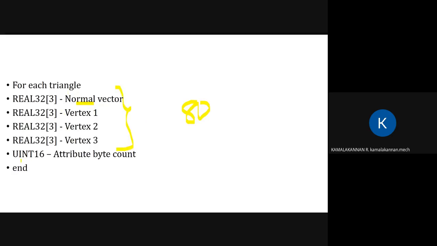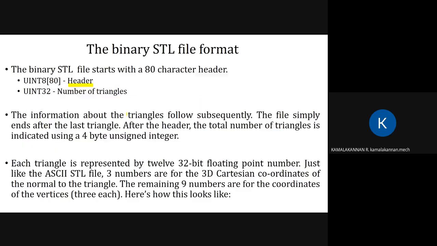Okay, int means integer here, so we can store it simply, and the amount of stored data will be reduced here, nothing different than that. So that is why we can choose the binary STL format. Okay, binary STL format is better compared to ASCII.